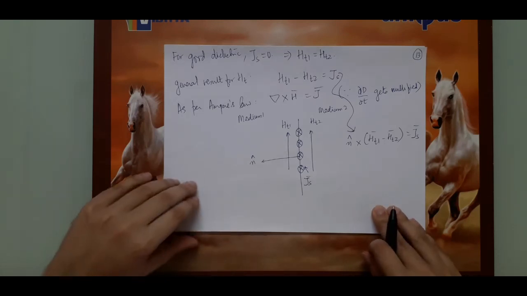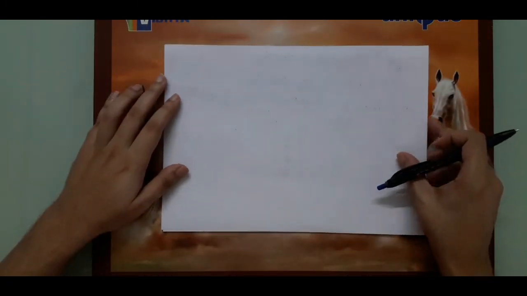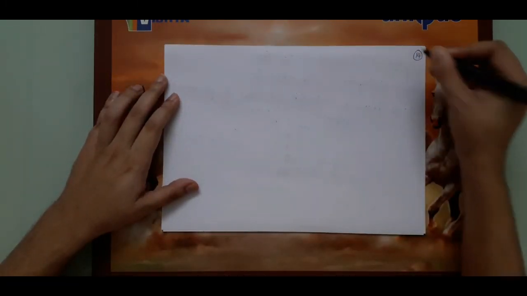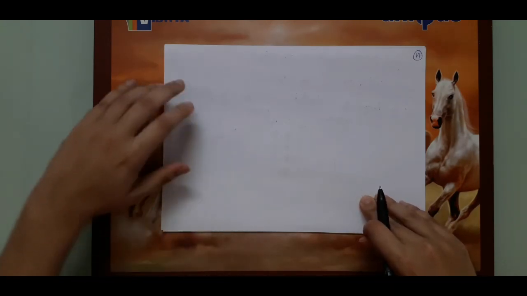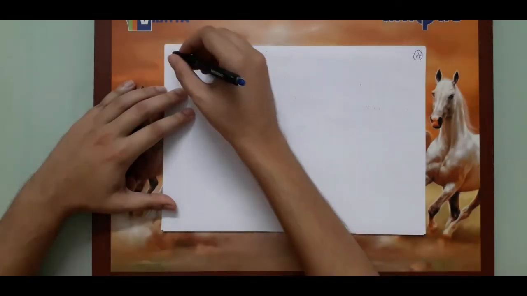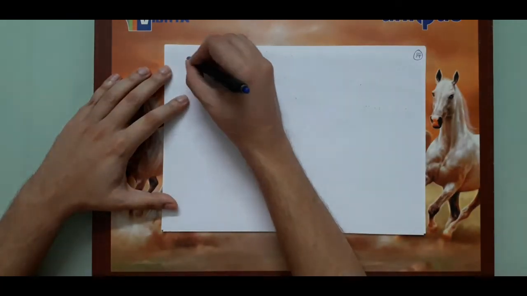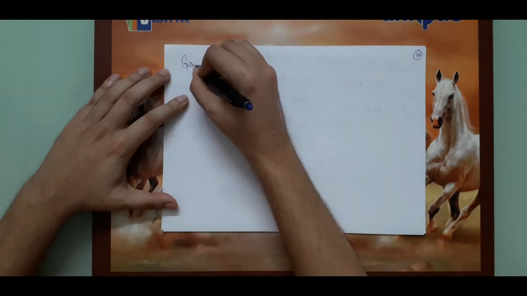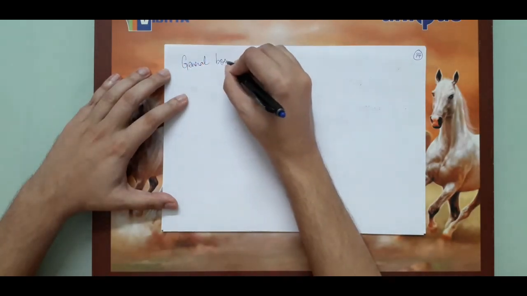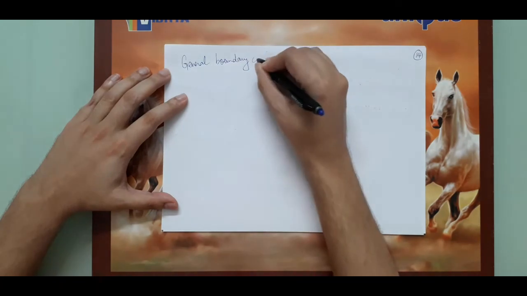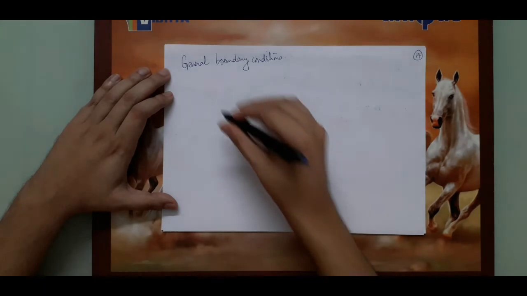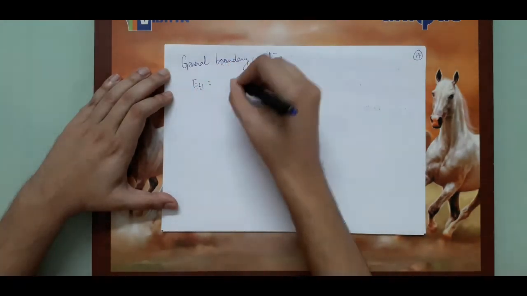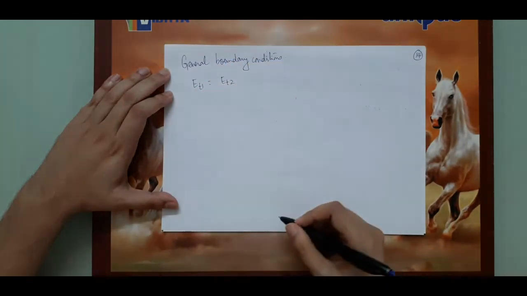So now with this, let us summarize what we have done so far. Let us summarize, what we call as the boundary conditions. So what we proved, that the tangential components of the electric field are continuous.